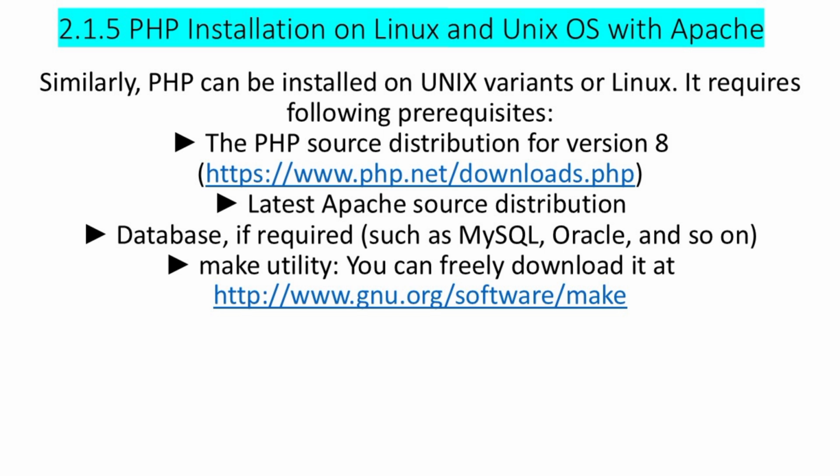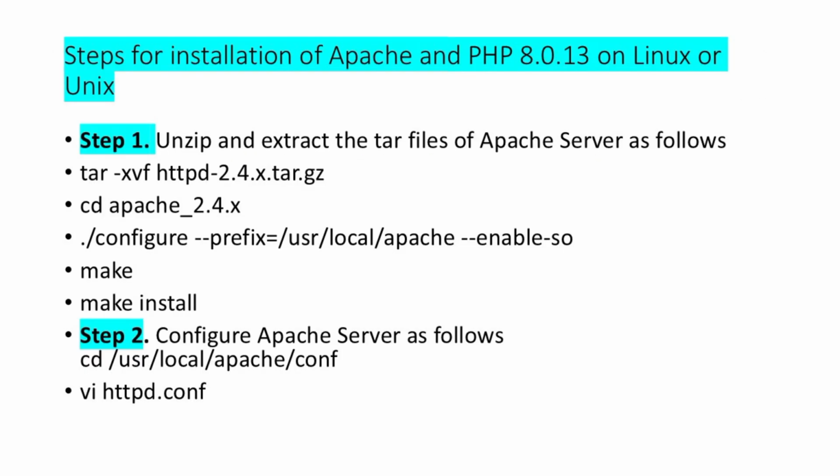Now let's move on to the practical steps for installing Apache and PHP 8.0.13 on a Linux or Unix operating system. This process involves extracting files, configuring the Apache web server, and preparing it to run PHP smoothly. Step 1. Begin by unzipping and extracting the tar files of the Apache server.